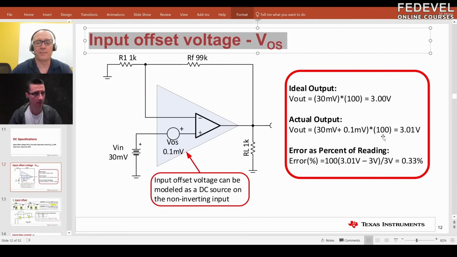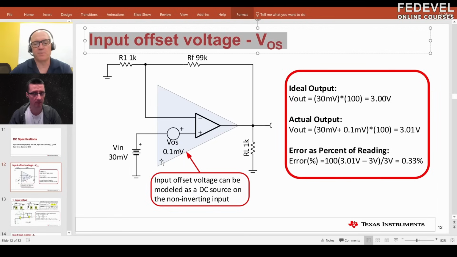And we end up with no longer 3 volts, but 3.01 volts. So we have an error, and you could calculate the error as a percentage if you like: just subtract the ideal from the measured, and you end up with about 0.3% error. And of course, it could be much larger. The offset in this case is a millivolt or 0.1 millivolt.